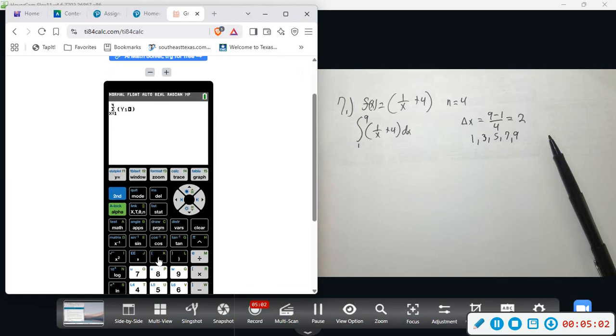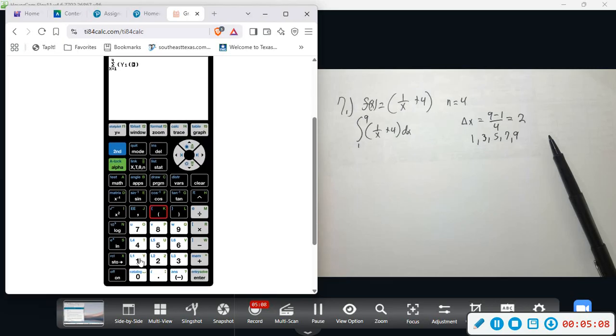All right, so then in parentheses, we're going to put the input. So the formula for the input was a, which is our lower value. So it's going to be 1, and then plus, and then it said k minus 1. So we're using x as our variable, so we need x minus 1. And then we're going to multiply this times our change in x, which is 2.